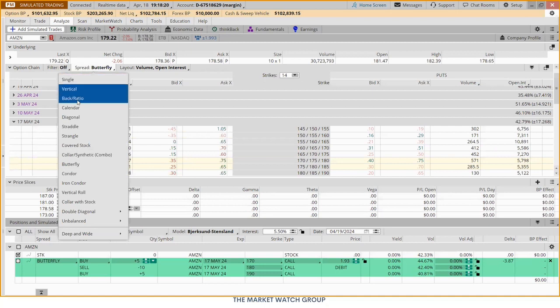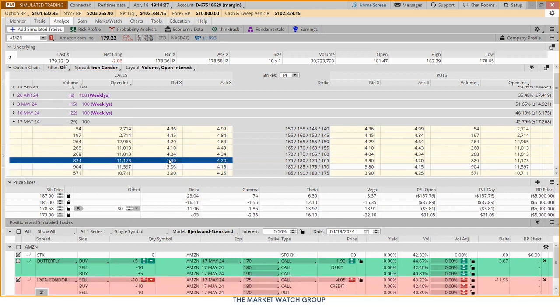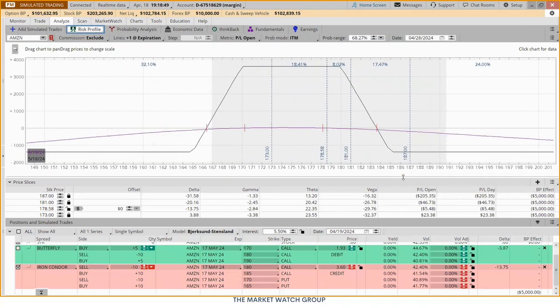So let's go to an iron condor and let's sell. Let's go 160. I think we need to go a little higher. 185 by 180. Risk profile. Oh, there is our plateau, right?